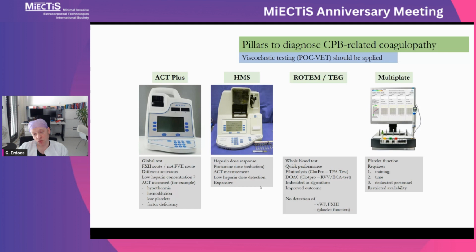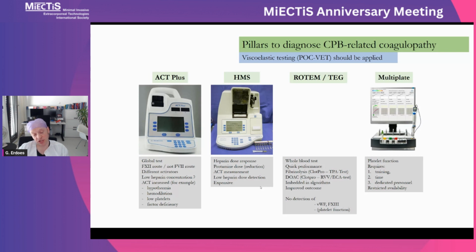We can use this viscoelastic testing. We have different machines, normally in Europe and also in the US, in the ORs. Of course, we have this ACT machine to test heparin effect, but ACT can also be increased in hypothermia, hemodilution, in case of low platelets, and in case of low factor deficiency.